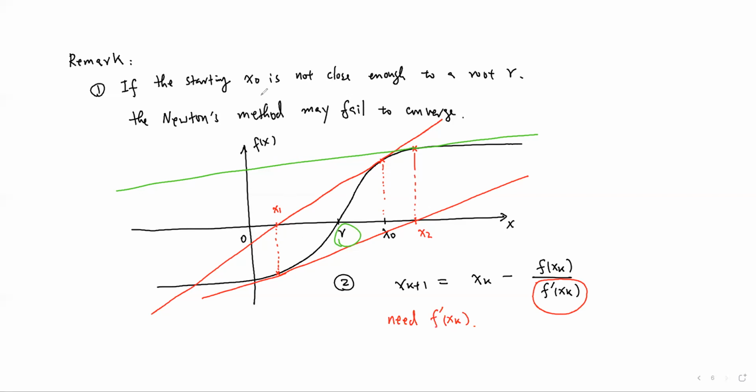Even though x0 should be close enough to the root, there are some special cases where you can arbitrarily choose x0 and Newton's method is guaranteed to converge. Let me present one of these cases. Take a look. Theorem.